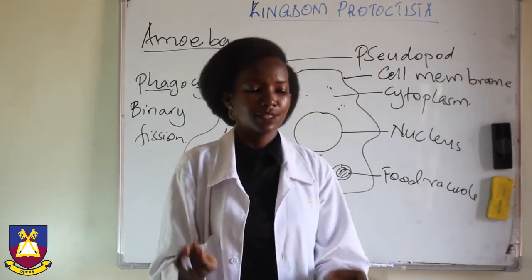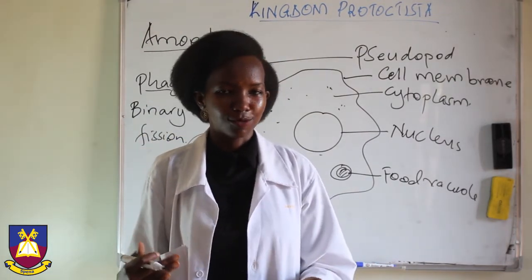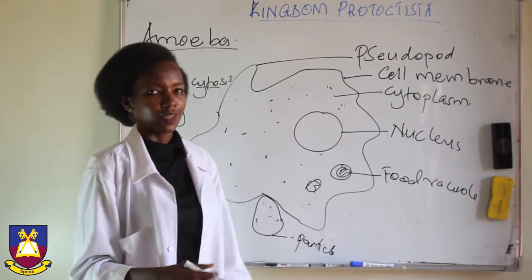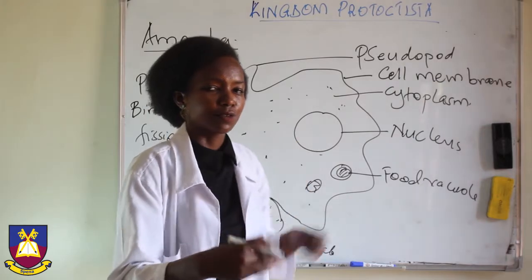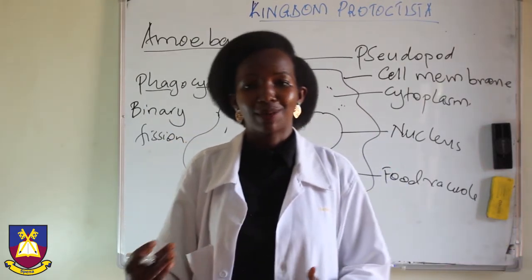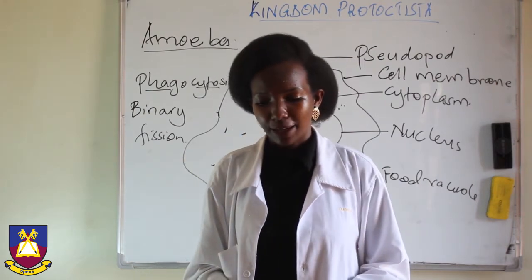Fission is splitting, binary into two. So this cell one day divides into two, and each of those two amoeba cells grow and then divide later. And that's how we end up with so many of them in a pond.